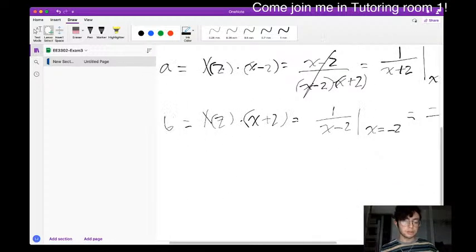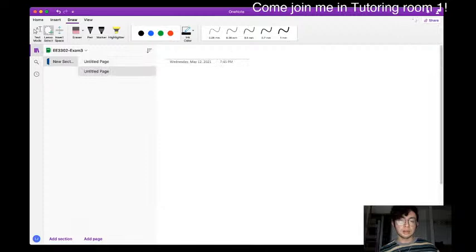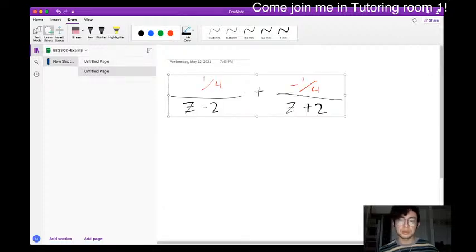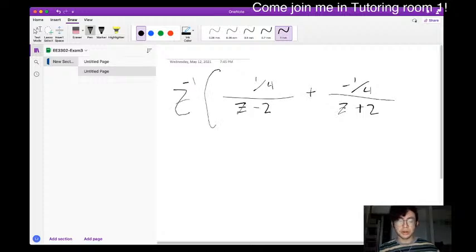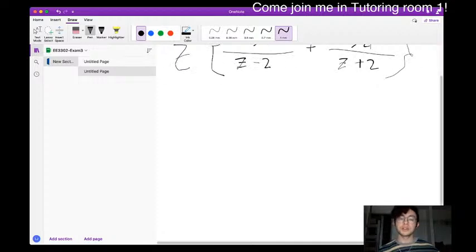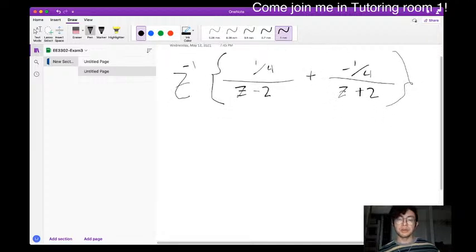Okay, so how do we do that? How do we use our table, now that we have our partial fraction decomposition? So we're taking the inverse Z transform of this. All we were doing earlier is just rewriting our original Z transform into a form that we can work with. So remember linearity, we can break this up.